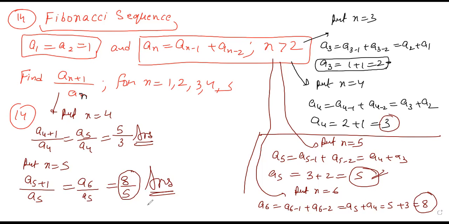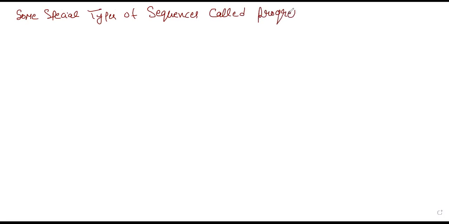Now come to the next part, some special types of sequences. Some special types of sequences are called progression. Okay, everyone.